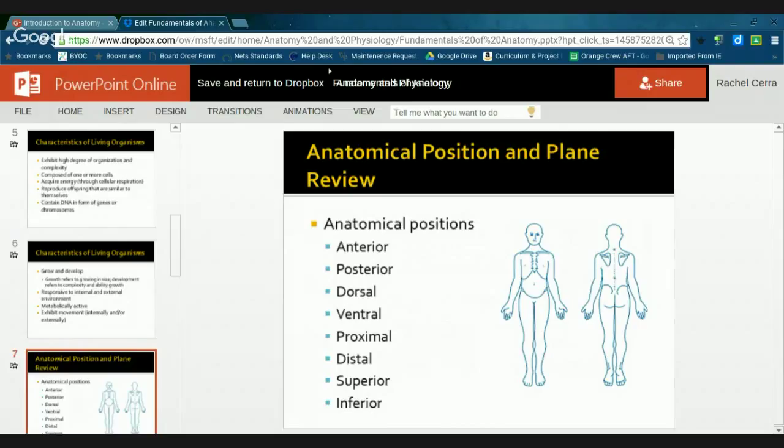And then we've got your superior and inferior terms. Superior is referencing something that is above another object, and inferior is referring to something that is below an object.